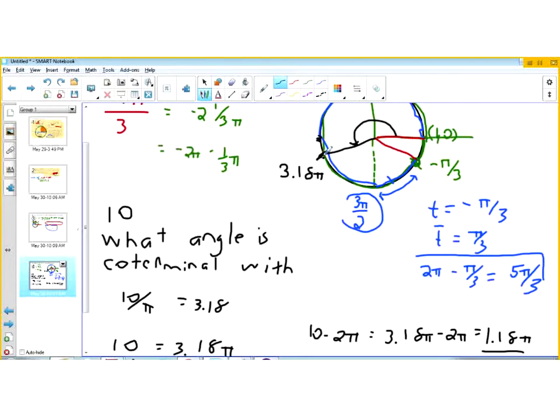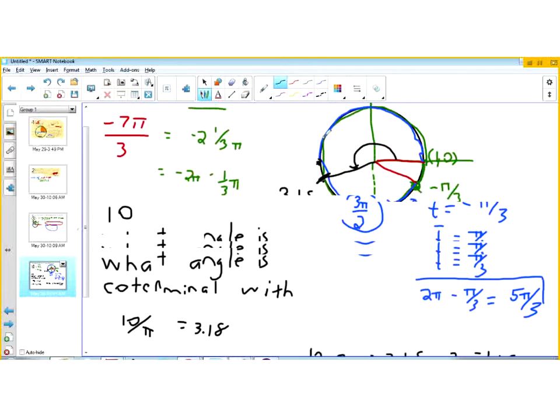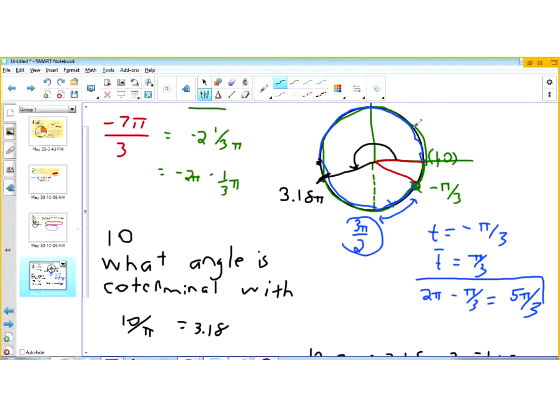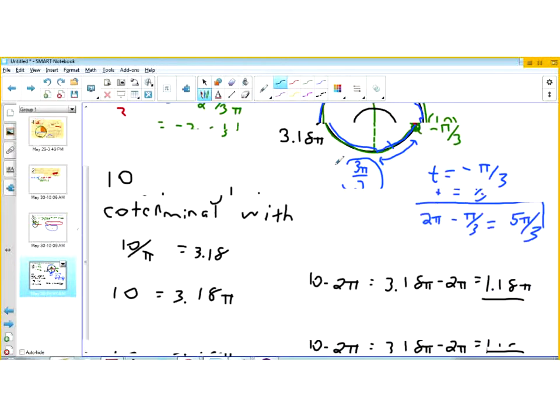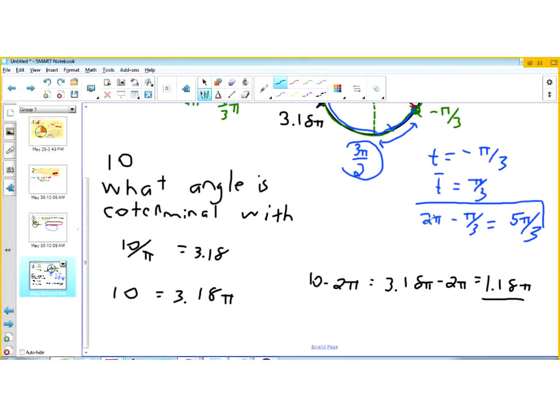I started at 10, and then I just took one lap around clockwise, 2 pi, and I came back to the same point. So 10 and 10 minus 2 pi are coterminal. Now this may not always be the case. You could have other situations.